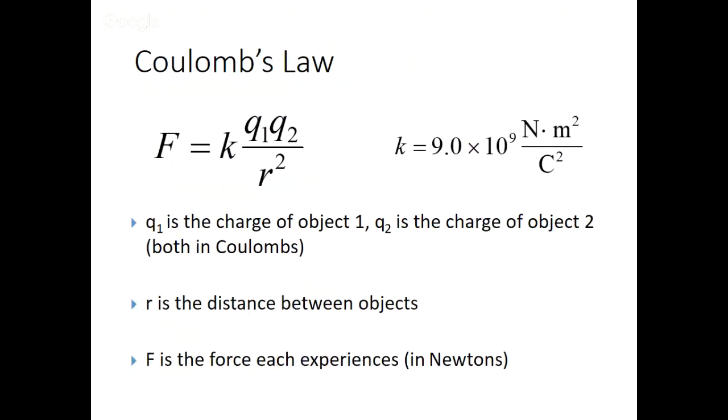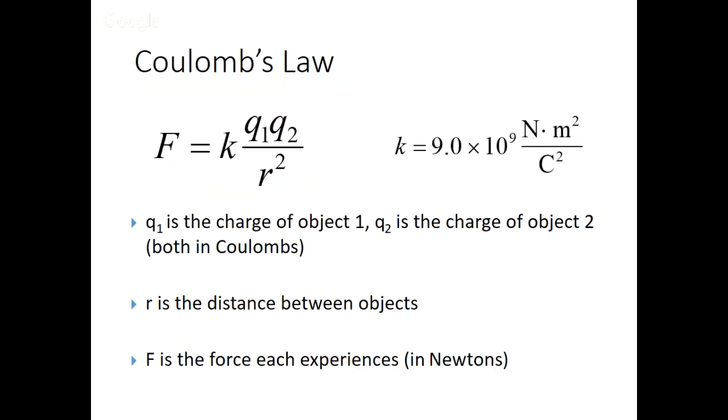At this point, we started learning a bit about the forces. Coulomb's law is F equals K times Q1 times Q2 all over R squared, where Q1 is just the charge of object 1, Q2 is the charge of object 2. You're going to need to convert both of these to coulombs because the value of K involves coulombs squared.